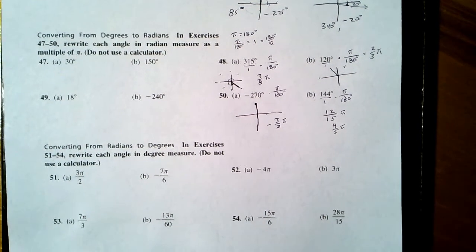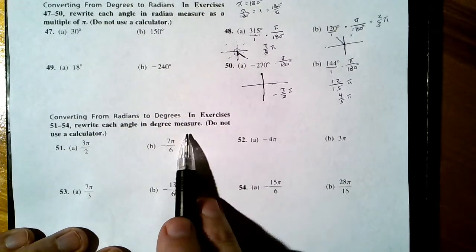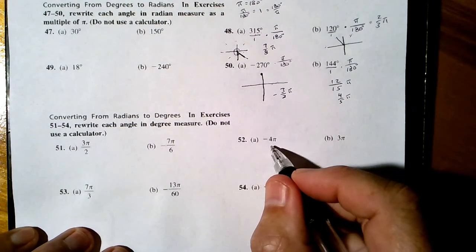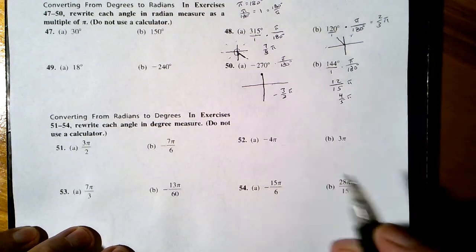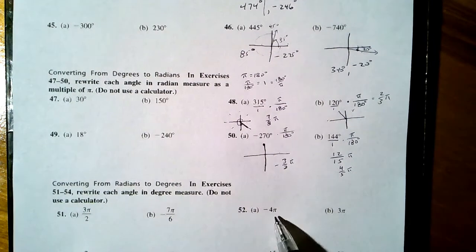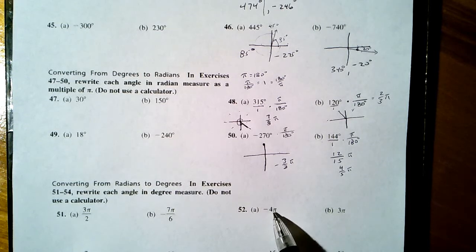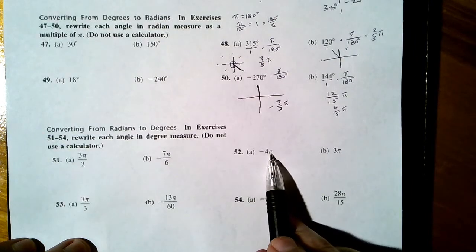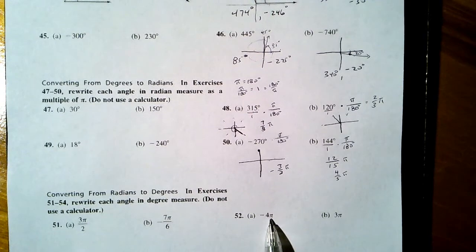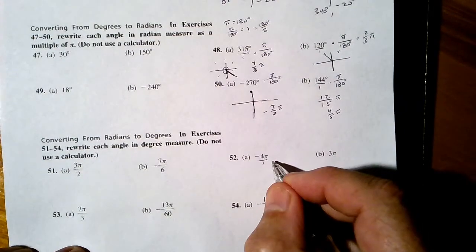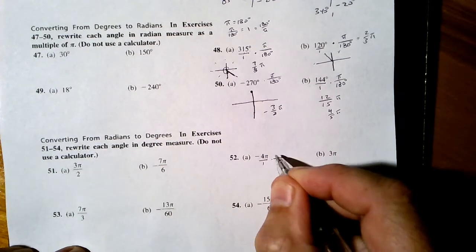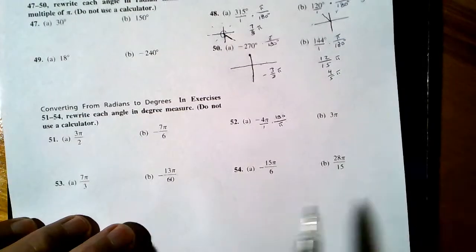Now rewrite each angle in degree measure, and now we're in radian measure. We want degree measure. Therefore, I want to cancel radians. When we say negative 4 pi, we're really referring to negative 4 pi radians. I want to cancel radians, so I want radians in the denominator. 180.